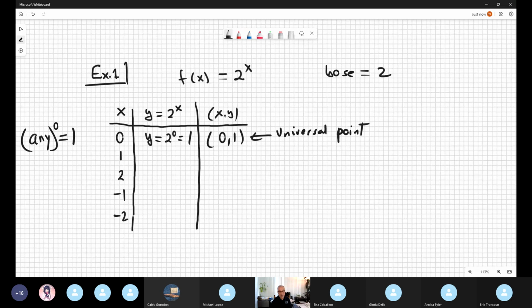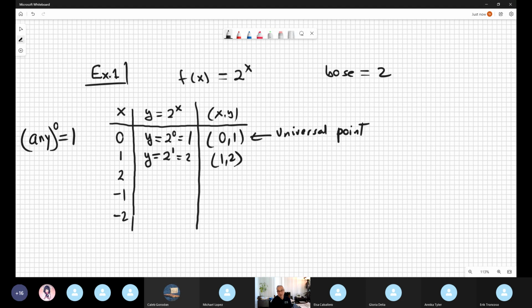Remember, when I'm doing the graph of any exponential, don't forget 0, 1, universal point. Okay, now suppose that x is equal to 1, it's obvious y is 2, and the point is 1, 2.